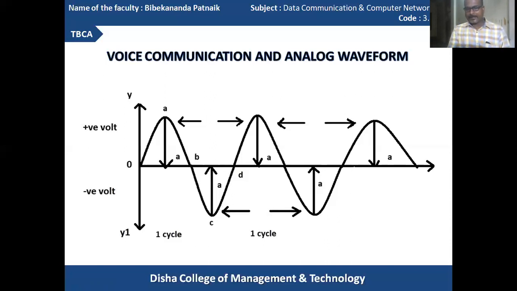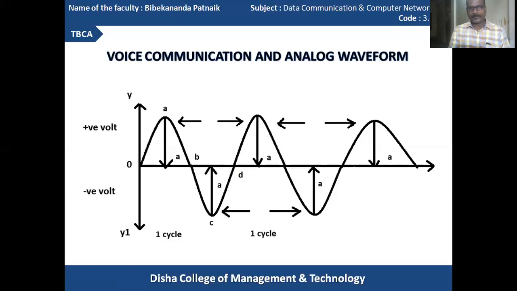The third characteristic of an analog signal is called phase, and phase is nothing but a certain time period, that's why it is called phase. As per this particular diagram, the entire cycle is treated as 360 degrees.